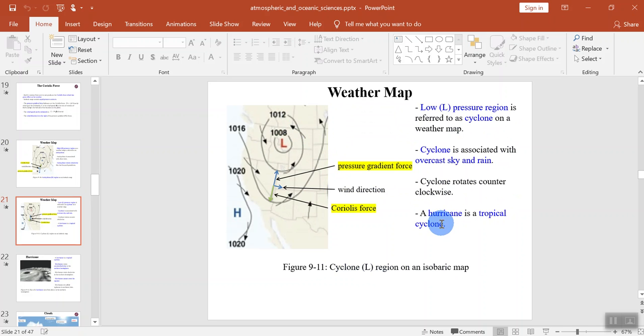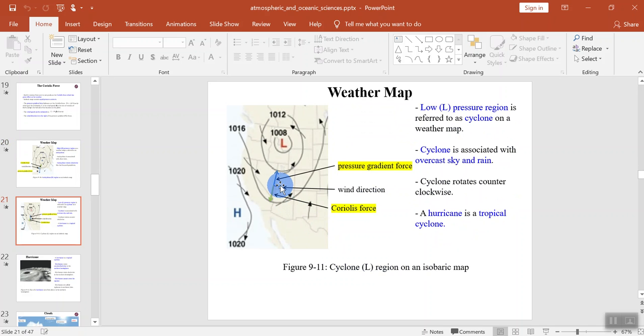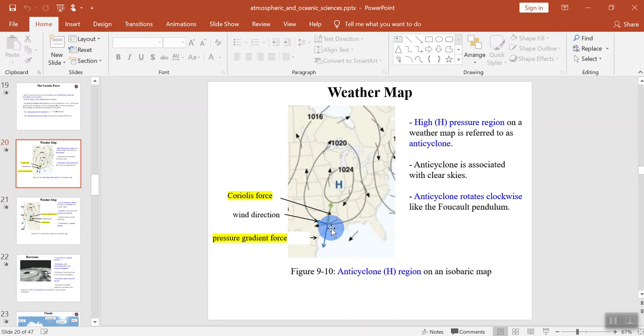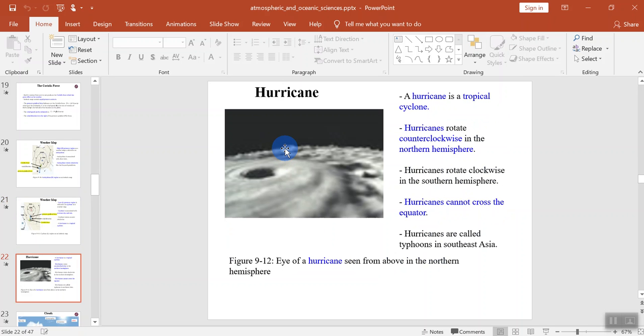Okay, a hurricane is a tropical cyclone. Why? Because here it veers to the right, and here it veers to the right, but here, this is the pressure gradient force going outward, and here, this is the pressure gradient force going inward, because it's an L formation. A hurricane is a tropical cyclone.